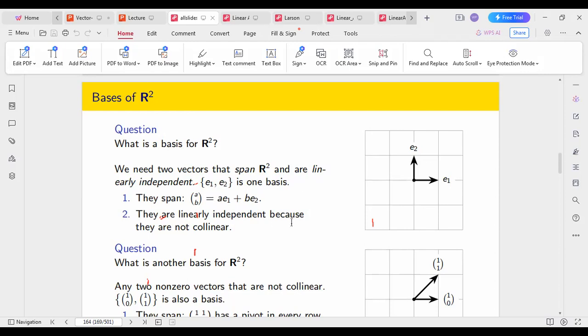And they are linearly independent because they are not collinear. That means the two vectors don't lie on the same line, they point in different directions. They are not in the same direction or opposite direction, or lying on a line. This is why they are linearly independent.